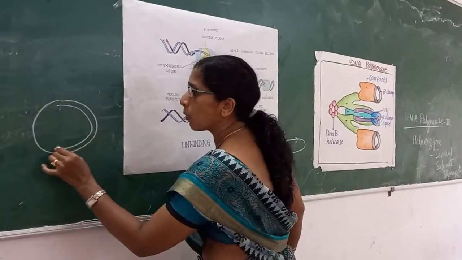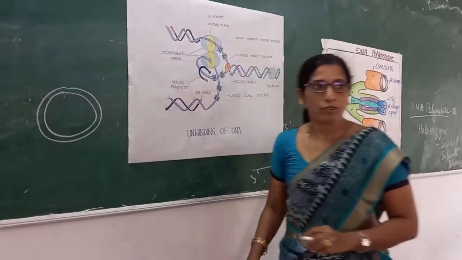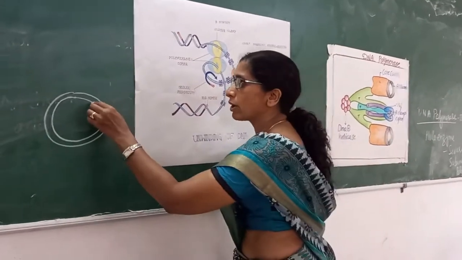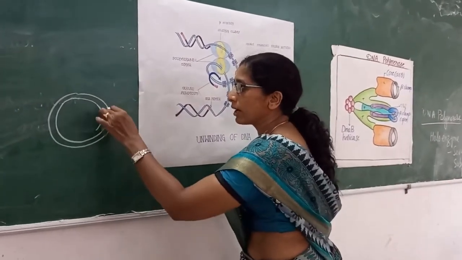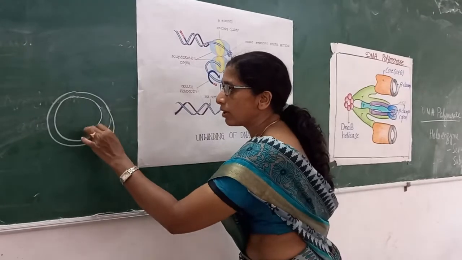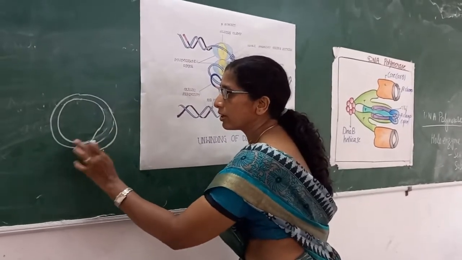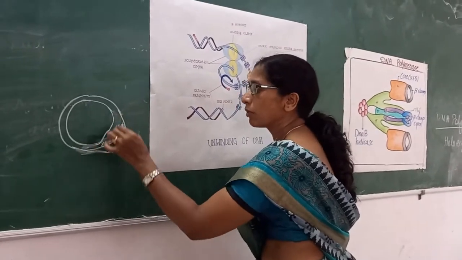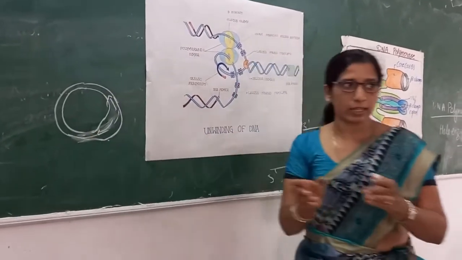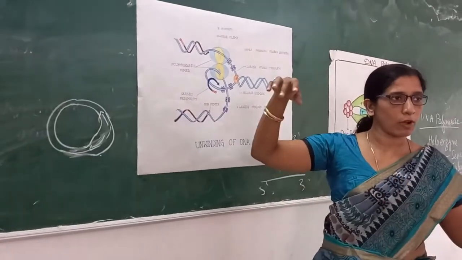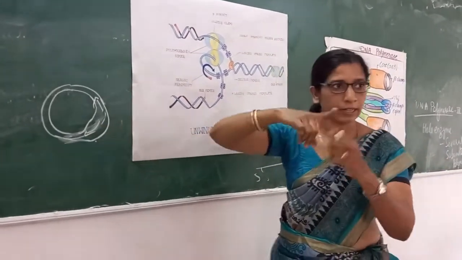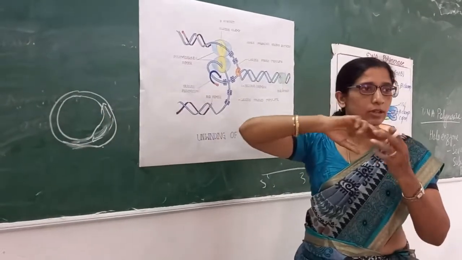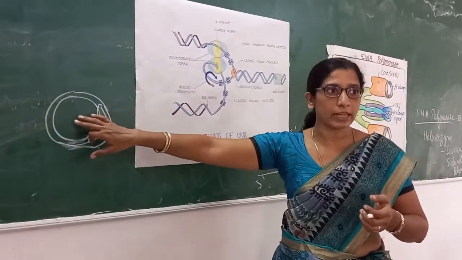I am just showing the open form. As the replication fork moves, unwinding occurs. In circular DNA, as the replication fork moves in the opposite direction, it definitely creates a helical form, so you can see a tightening at the other end.